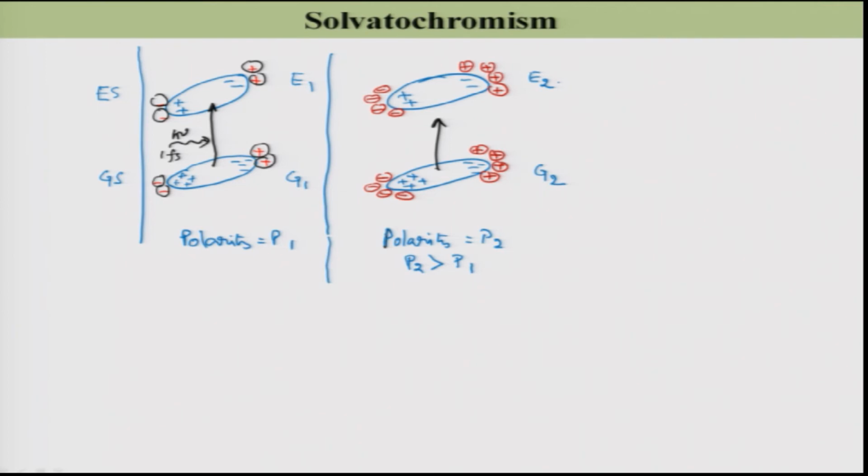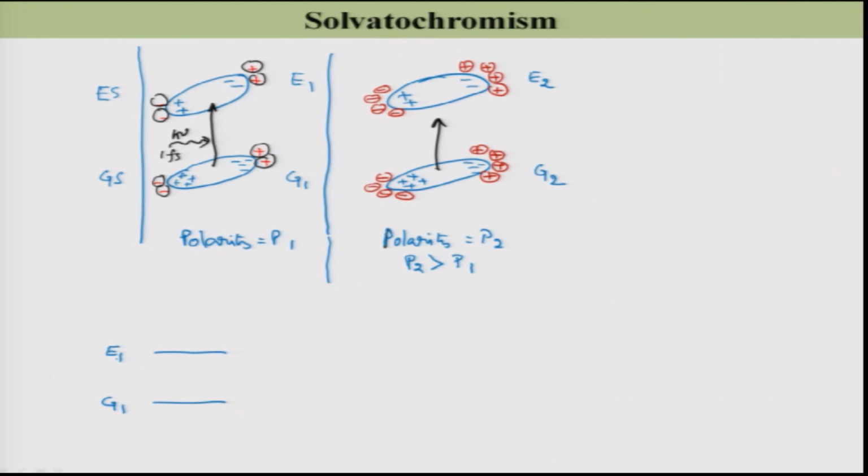If I plot G1 over here, E1 will obviously be the higher energy, because in the excited state I am putting in that much electronic energy. So, here will be my E1.